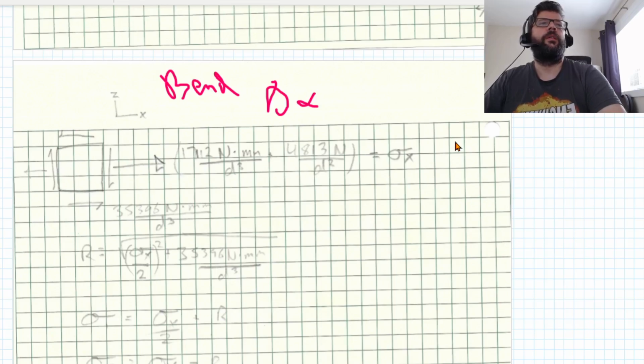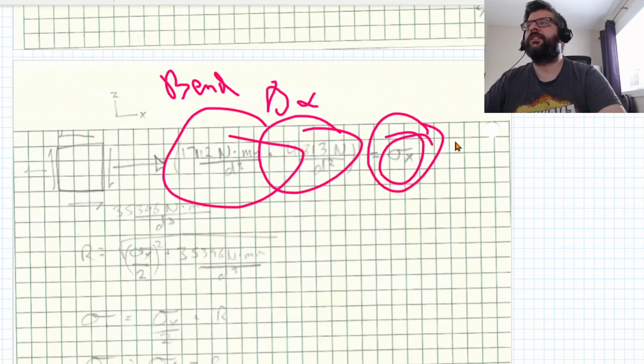Say that these two things added together is sigma x, and if we were plotting Mohr's circle, then the mean of that would be sigma x over 2, because we don't have any normal stress in the z direction.